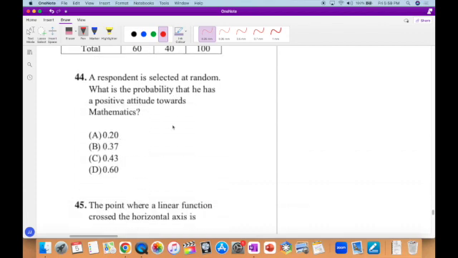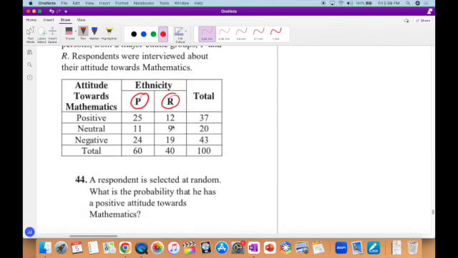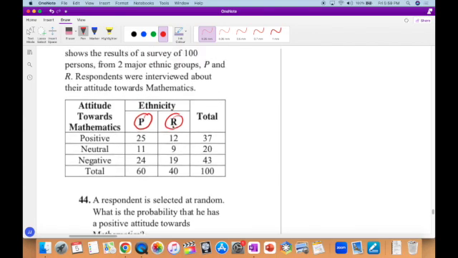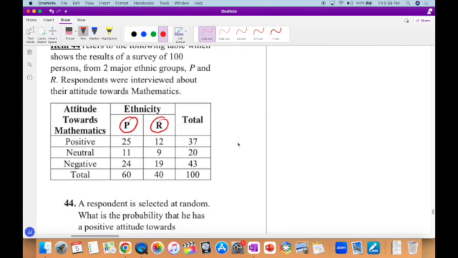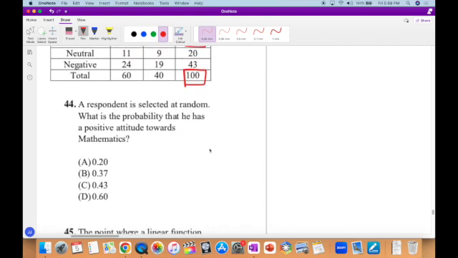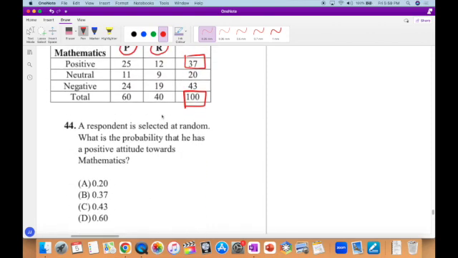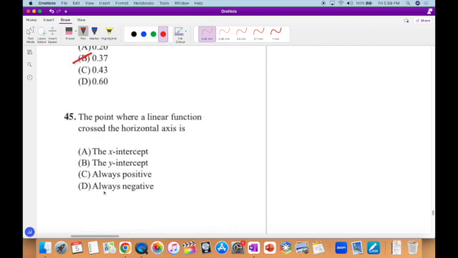And if a respondent is selected at random, there's 100 persons in total, and so 37 persons have a positive attitude, so it'll be 37 over 100 will be the probability of selecting somebody randomly who has a positive attitude.